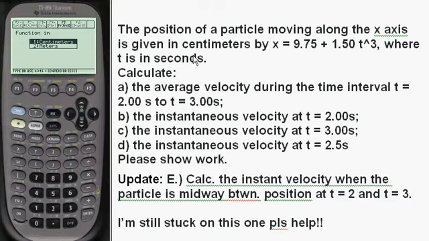And they say it in centimeters, so I try to do everything for you. And we're going to enter the time.